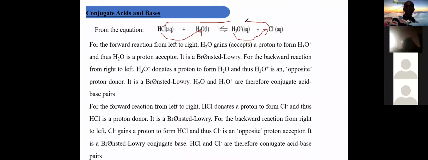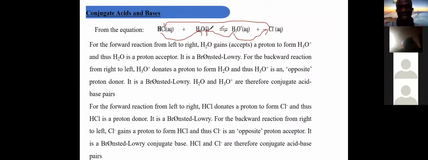So in the forward direction, water is the base because it accepts a proton from HCl to form hydronium ion. In the backward direction, the hydronium ion donates a proton to the Cl minus, and then forms water after it donates the proton that it gained in the forward reaction.